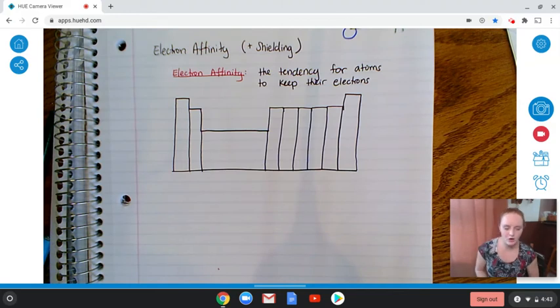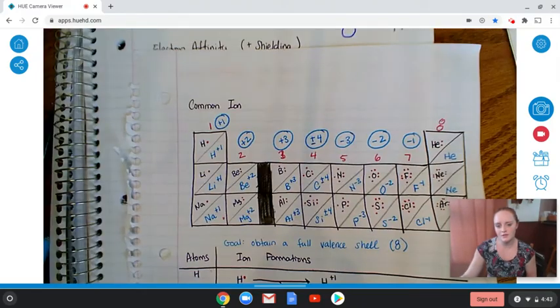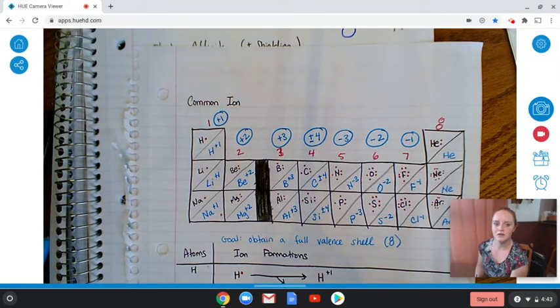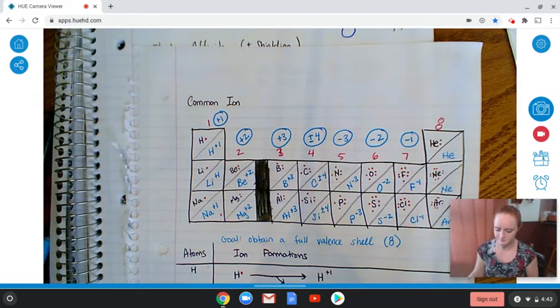Now, as we move across a table, we know that the number of valence electrons changes, and we know that the common ion also changes due to those numbers of valence electrons. So what I want us to focus on today is the common ion.